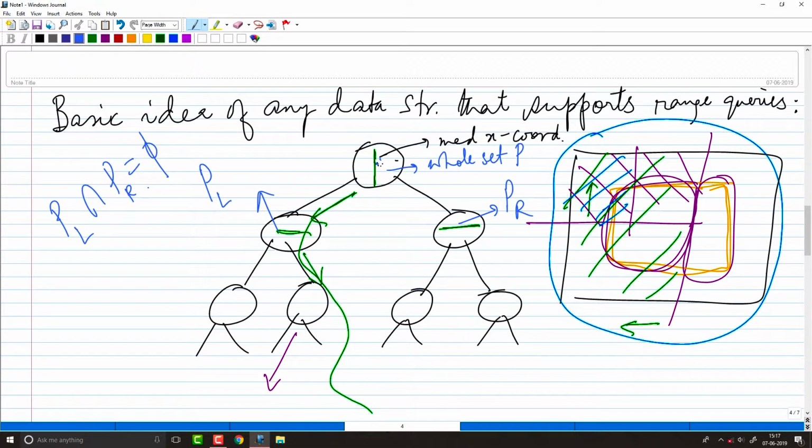So, that means each node in your range search tree, KD tree, range tree, whatever, corresponds to a set of nodes. Fine.